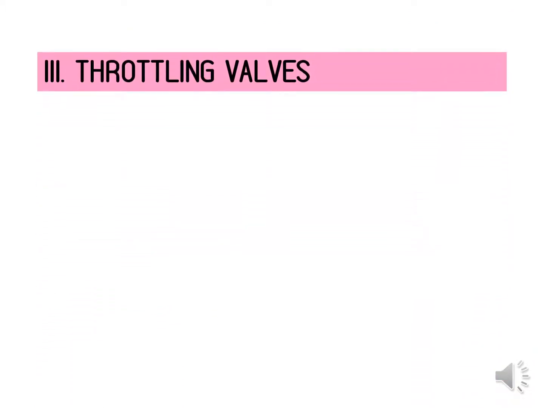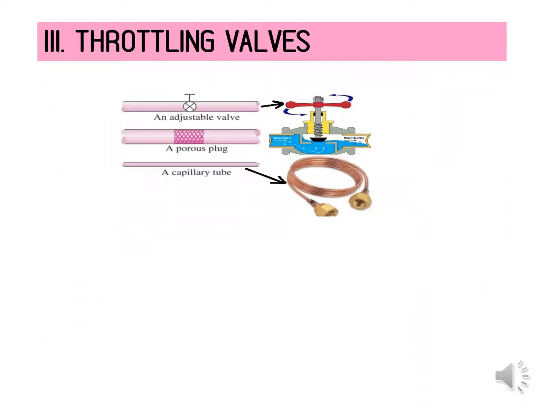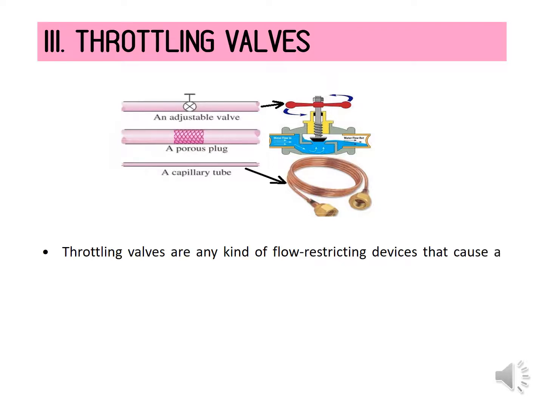Now for the throttling valve. This is the throttling valve, which is an adjustable valve, a porous plug, or a capillary tube. Throttling valves are any kind of flow restricting devices that cause a significant pressure drop in the fluid.